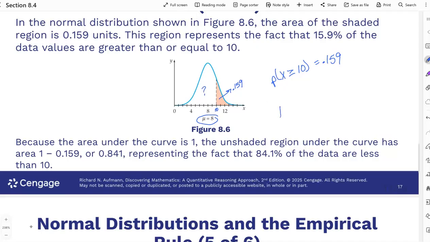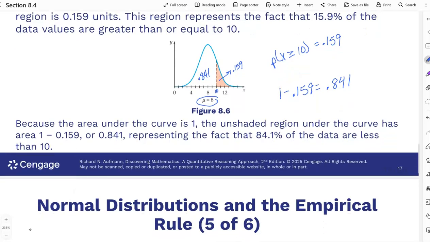So if I take that total area of 1 and I subtract what's going on on the right-hand side, then that will tell me what's going on on the left-hand side. So 0.841 would be this area on the left. So I have 84.1% of data values less than or equal to 10, and I have 15.9% of data values that are greater than or equal to 10.